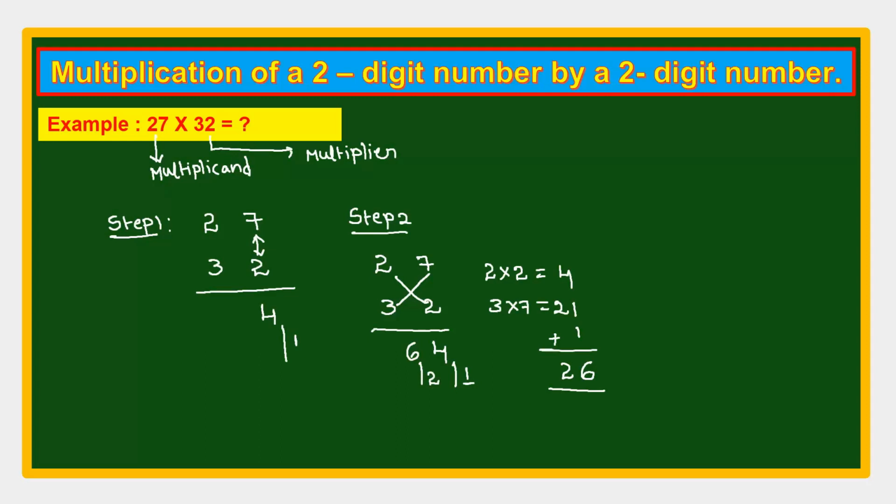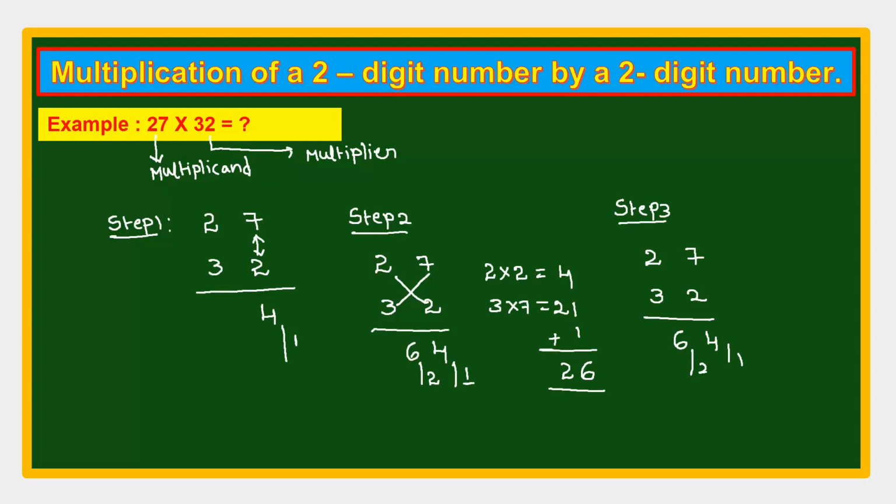And next, step 3. Write 27, 32. Already we got the answer 64 here, and carry forward 2 here. Right. In step 3 what do we have to do? In the last step, multiply the tens digit of the multiplicand with the tens digit of the multiplier.